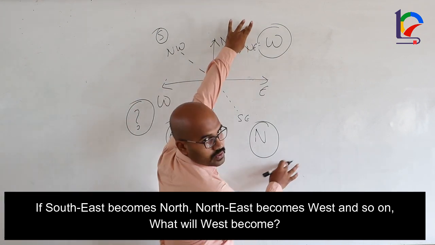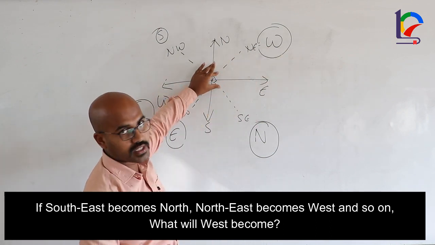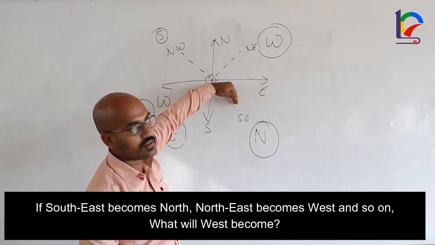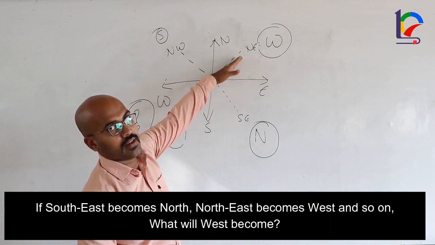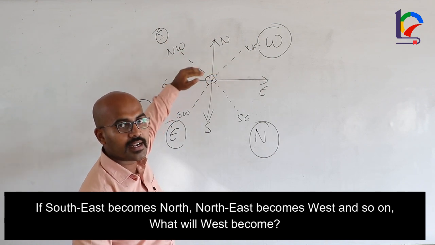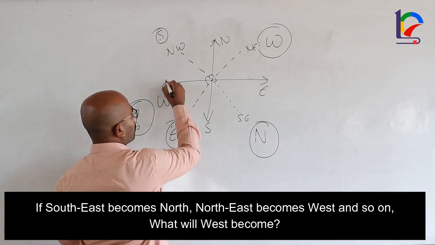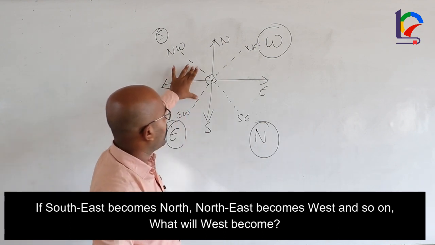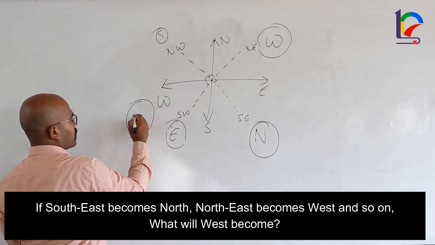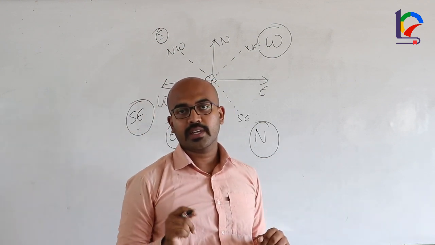Southeast becomes north and northeast becomes west; the angle between these two is 90 degrees. Moving anti-clockwise, first it is north, then west, then south, then east. They are asking what will this west become. The direction between south and east is southeast. Hence west becomes southeast.